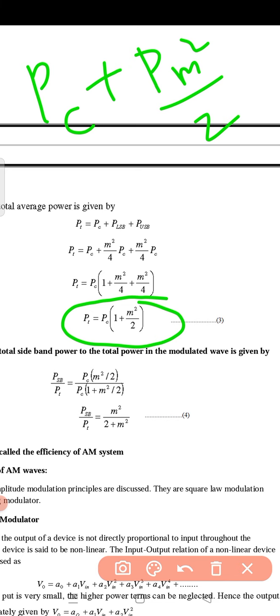Now for 100% modulation, ideally, we discussed under modulation, over modulation and critical modulation, meaning mu greater than 1, equal to 1 and less than 1. So for example mu equal to 1, substitute in this equation: 1 plus 1 by 2, that is 1.5.